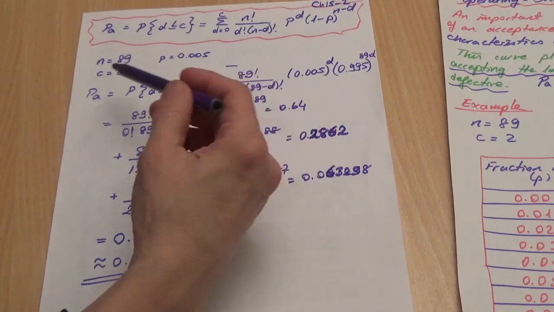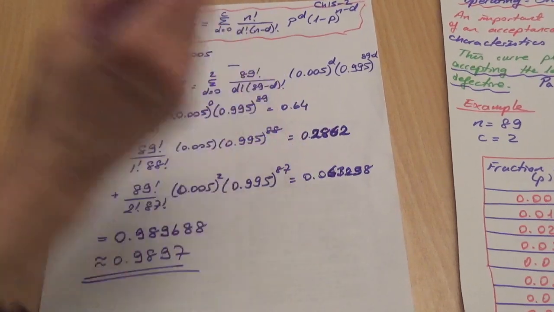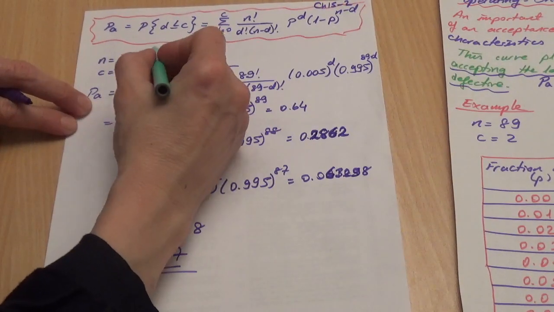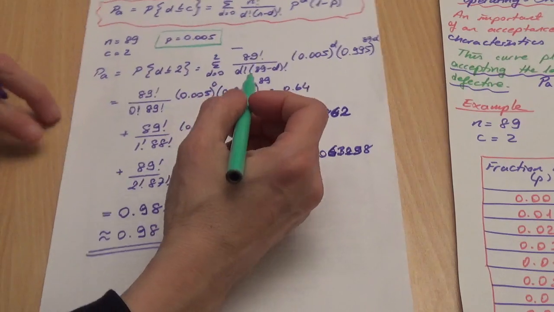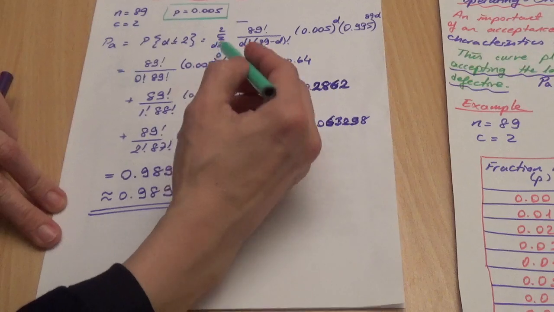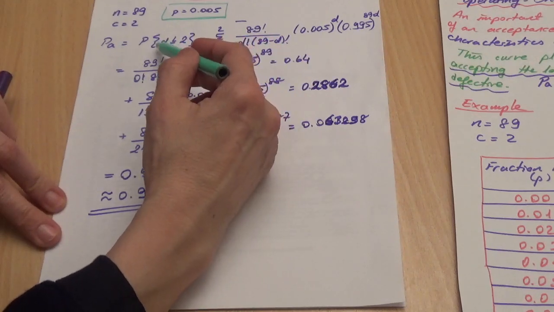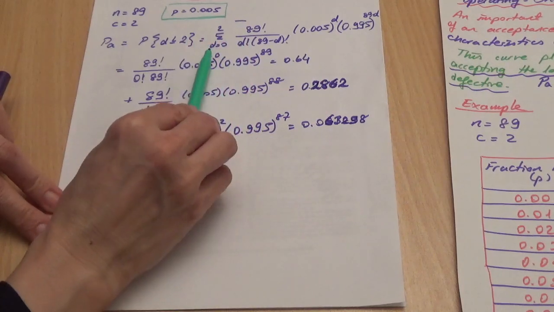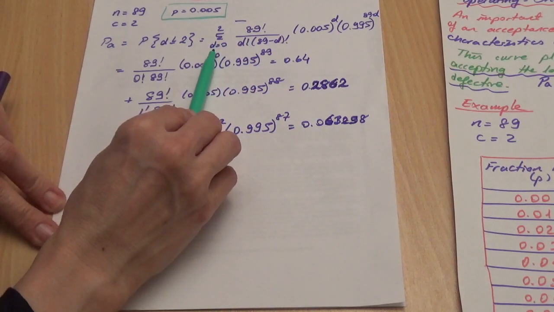So we take p equals 0.005 as the first value, and we use the formula here. We say that D is less than or equal to 2, and we add all the possibilities.